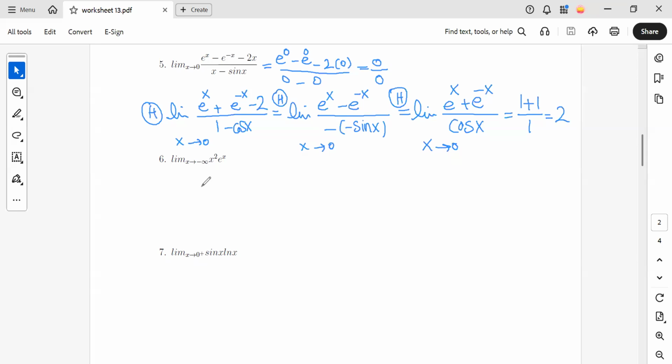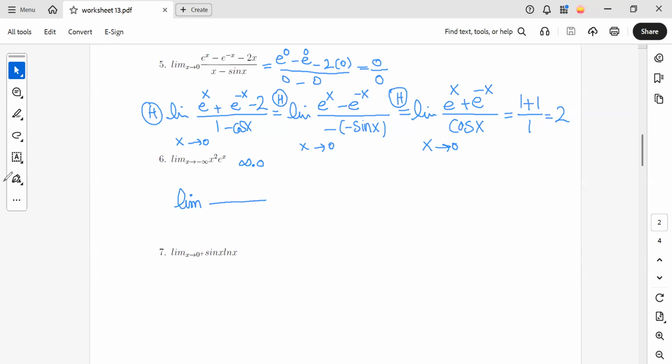Number 6, when you plug in negative infinity, you would have infinity times e to infinity, which is 0. So one of the ways that we can find the limit when we have 0 times infinity or infinity times 0 is using L'Hopital. But in order to be allowed to use L'Hopital, we would have a fraction like 0 over 0 or infinity over infinity.